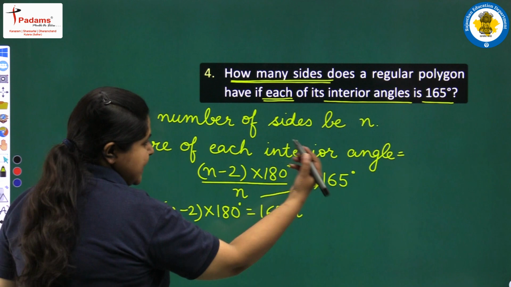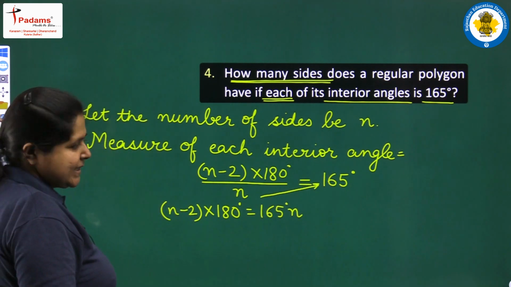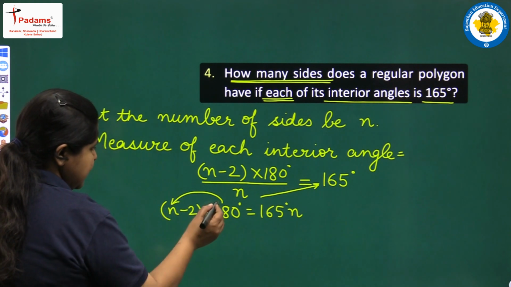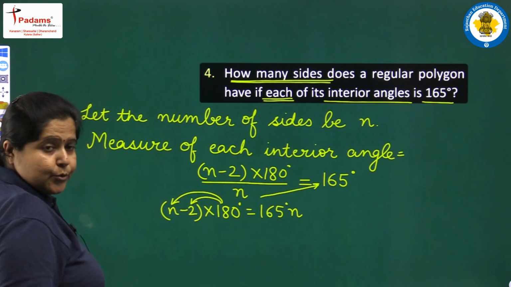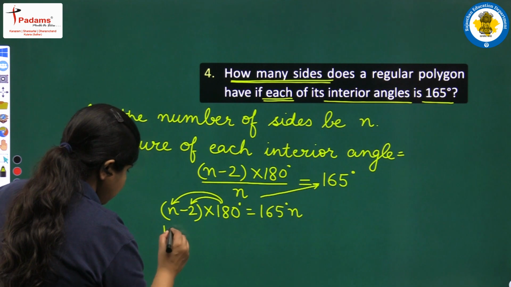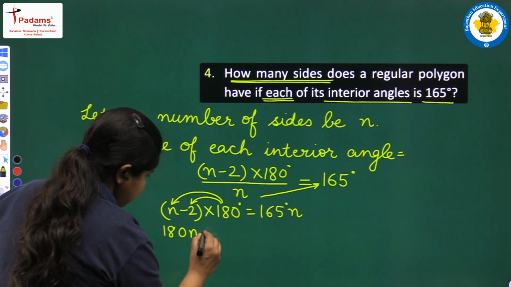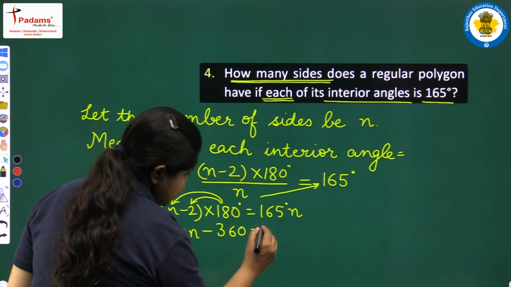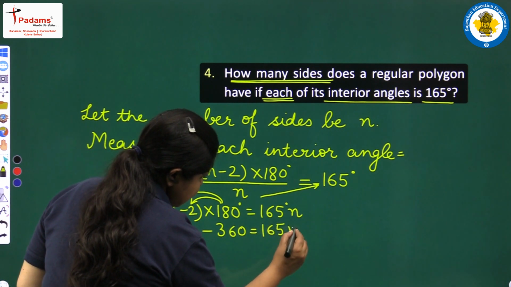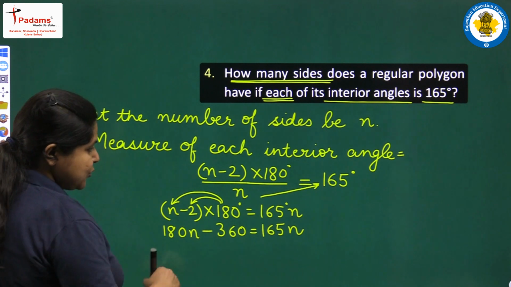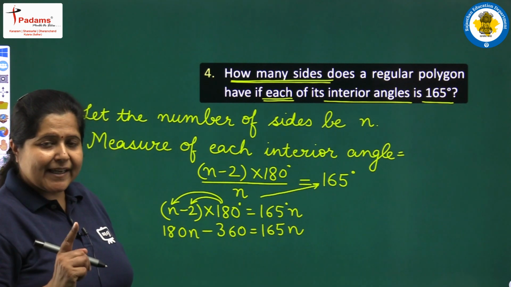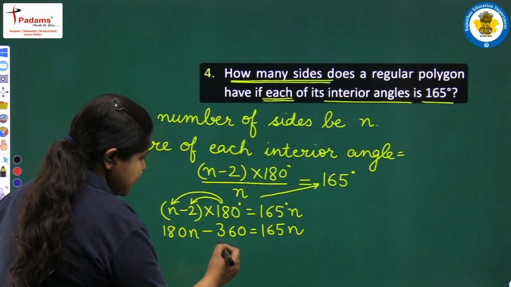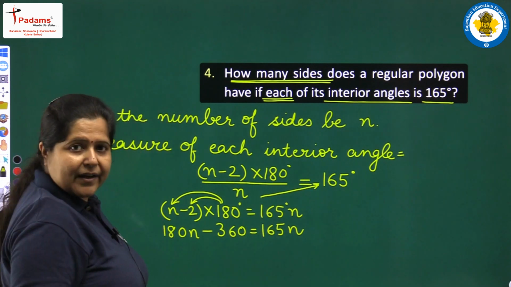This n has been sent to the RHS in multiplication. Now, this 180 degrees will be multiplied to n as well as to this 2. So, we will get 180n minus 180 into 2 is 360, equal to 165n. Now, we have two terms with the variable n. We will keep them together on the LHS and take this constant 360 to the RHS.